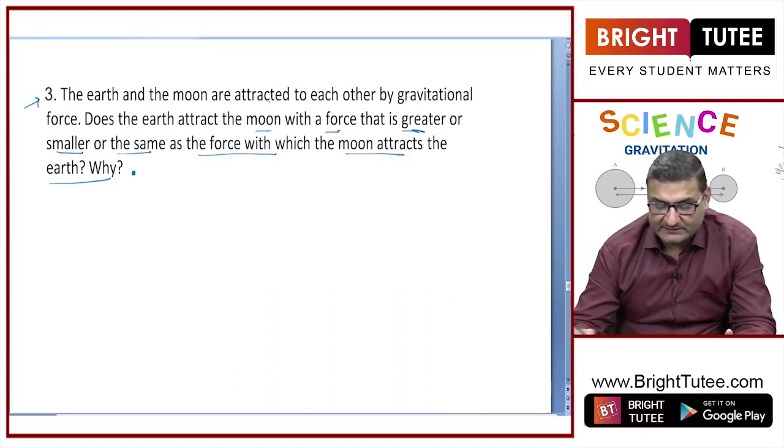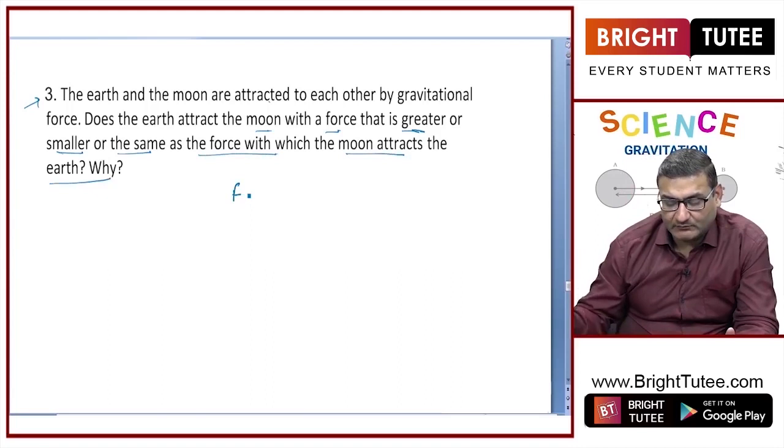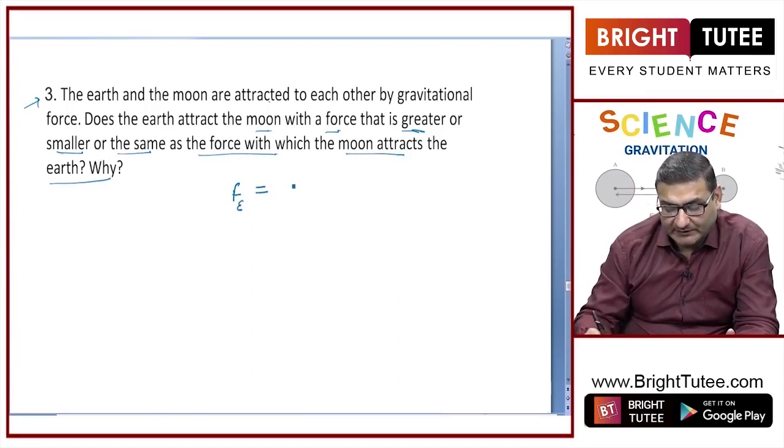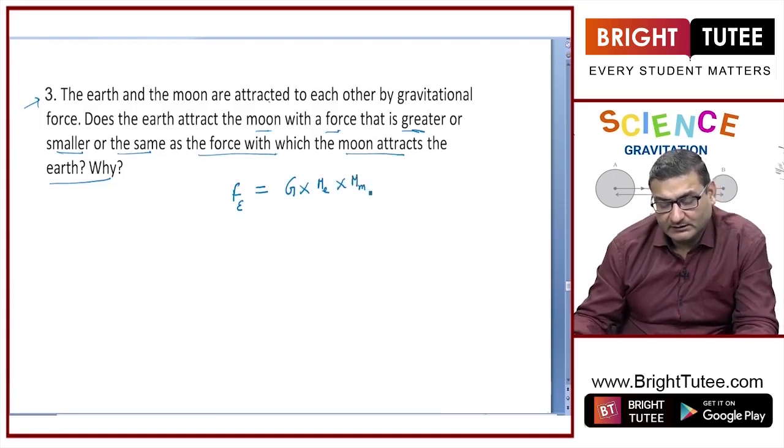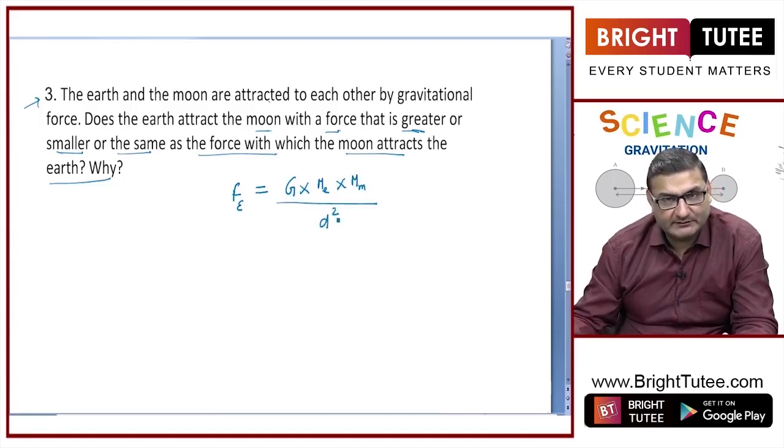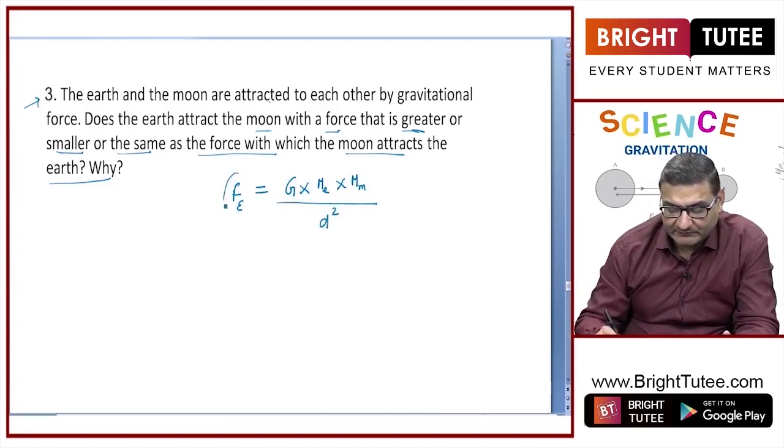Now, we have seen that the force exerted by earth will be equal to the gravitational constant multiplied by the mass of earth, let it be Me, multiplied by the mass of the second object, the moon, divided by the square of the distance between them. This is the force exerted by earth on the moon.